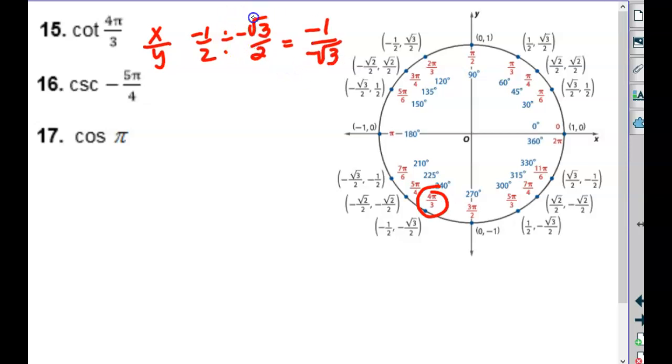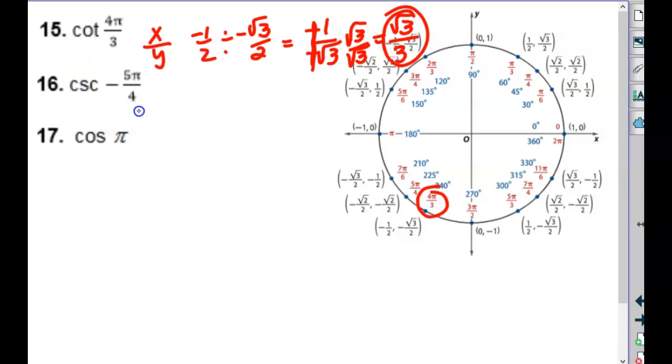Because when you flip it over, the 2's are going to divide out. So it's the x over the y. Now 2 negatives are going to make it positive. And the answer will be rationalized to square root of 3 over 3. Watch your signs.